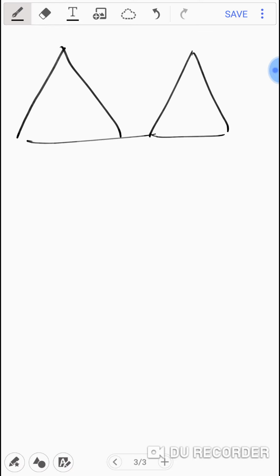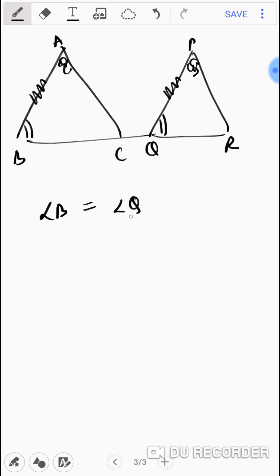In case we have this angle congruent to this angle, and the side in between congruent to this side. If I name them ABC and PQR, angle B is equal to angle Q, angle A is equal to angle P, and the in-between side AB is equal to PQ.